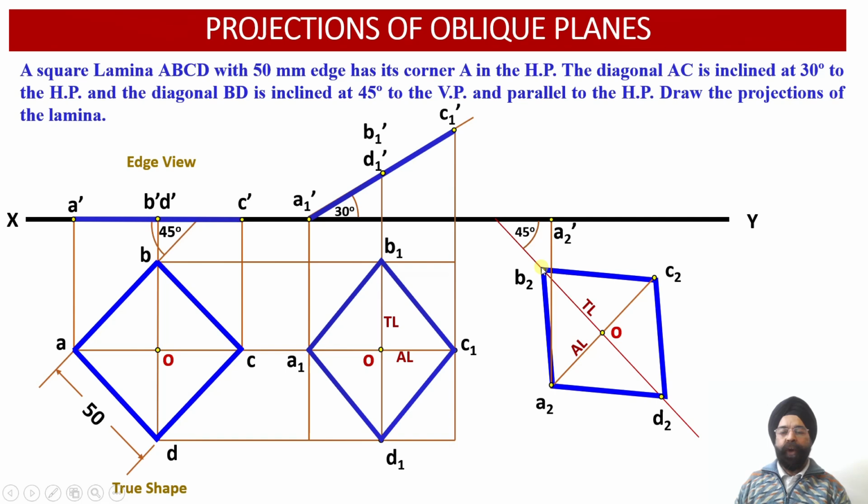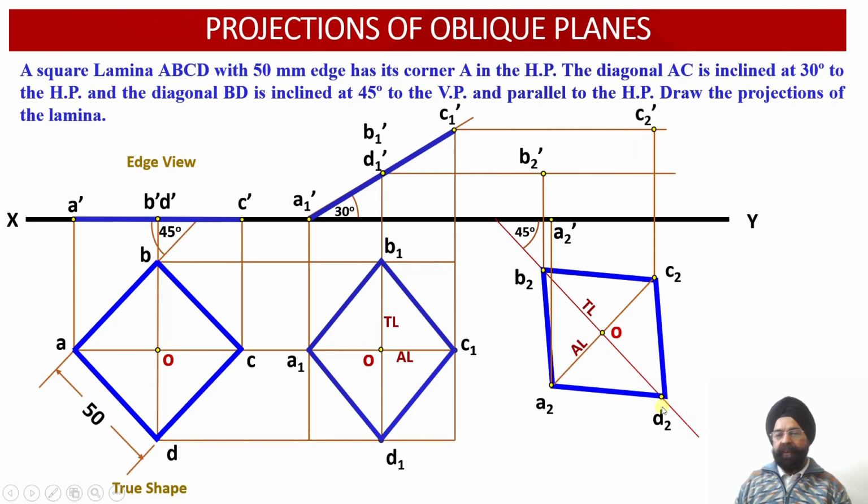Similarly, from point B2 in the plan, draw a vertical projector in the upward direction till it intersects with the horizontal locus line, or projector line, drawn through the point B1 dash of the elevation of the previous view. So this intersection provides us with the point B2 dash. Similarly, point C2 dash has been obtained by drawing a vertical projector through the point C2 and a horizontal projector through the point C1 dash over here.